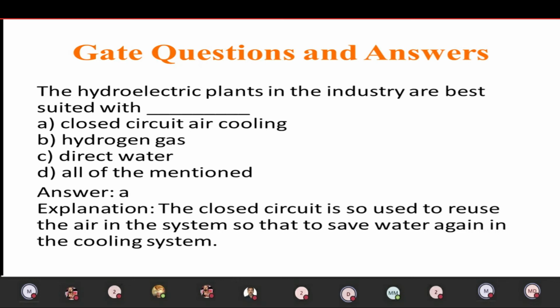First one is the salient pole alternator. Second one is the non-salient pole alternator. So what is the difference between salient and non-salient?